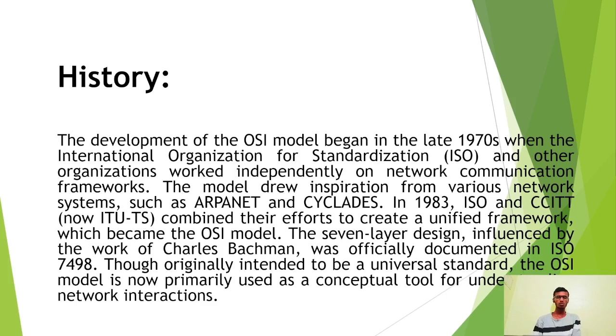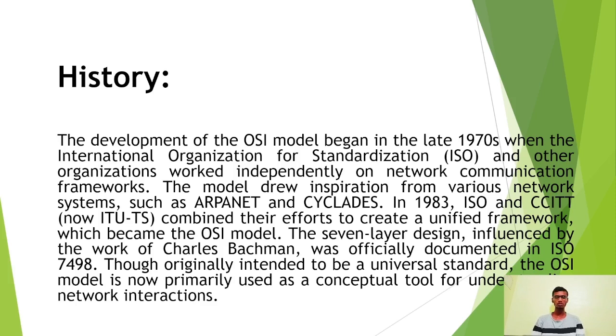The development of the OSI model began in the late 1970s with ISO and other organizations working independently, and the model drew inspiration from various networking systems such as ARPANET.